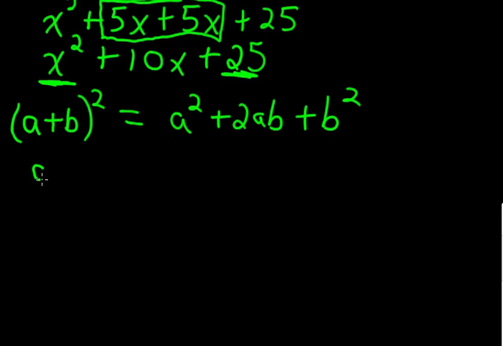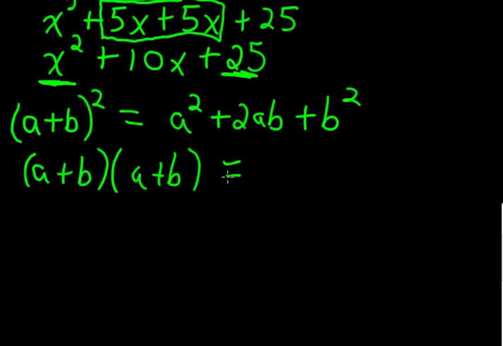If I take a plus b and write it out as a pattern of 2, my first gives me a times a. My outers gives me a times b. My inners gives me b times a. I'll write it alphabetically though. And my last gives me b times b.